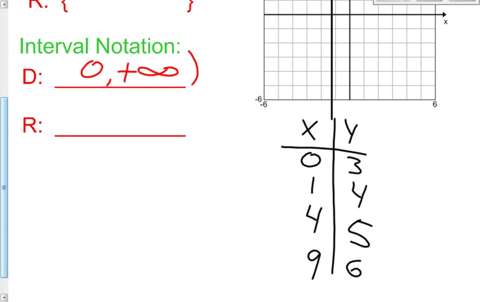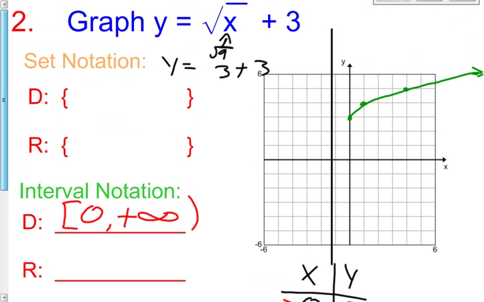Parenthesis after positive infinity, and we're going to have a bracket here because I can have an x value of 0. It's right there. So it's possible that x can equal 0, so I bracket that. So then I have x such that x is greater than or equal to 0. If it's to the right of 0, it's greater than.